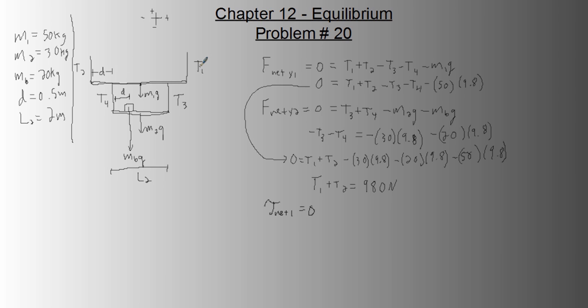Well, we want T1, so T1's got to be in there. So we really don't want to pick T1 as our pivot. We have other options. We could do T3, we could do M1G, we could do T4, we could do T2. My first instinct was actually either T2 or M1G, but then I realized I've got T1 and T2 in this equation, and so I probably don't want to get rid of T2 because I could use that as a system of equations.